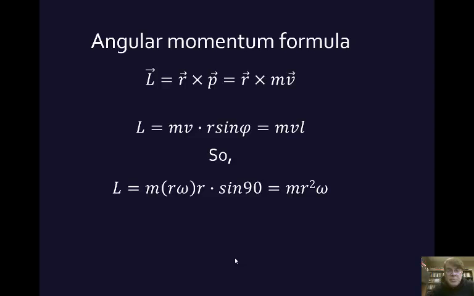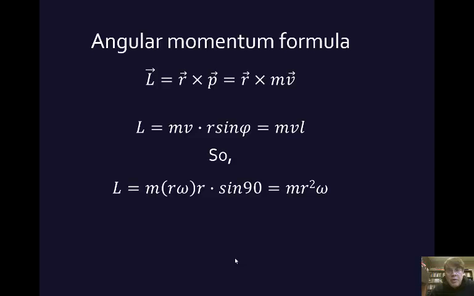So I can substitute r omega for the v there, and then if it's moving around a center of mass, then I can consider the angle of momentum for everything to be in a perfect circle. And so the sine of 90 is 1. So the sine of 90 goes away, and then r squared shows up.